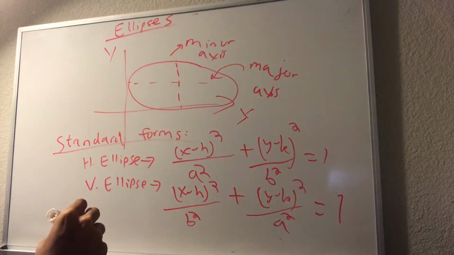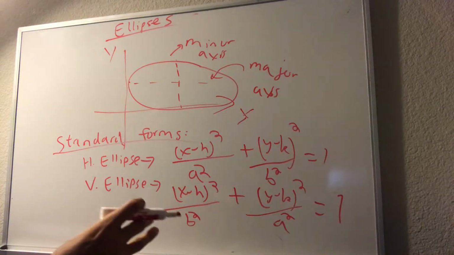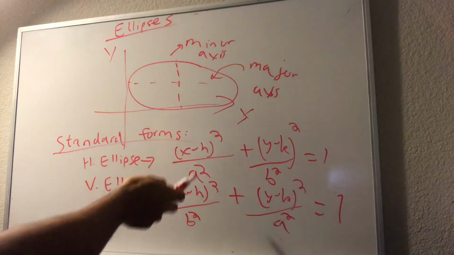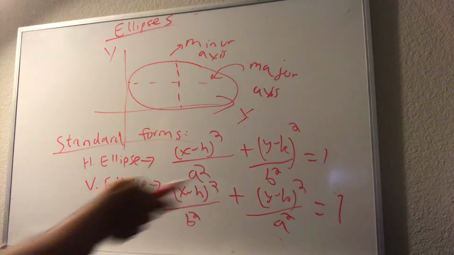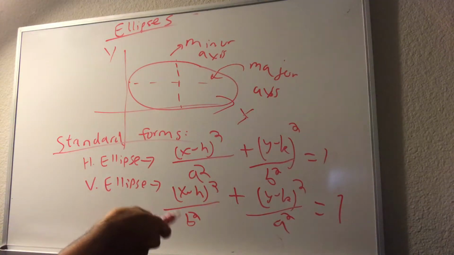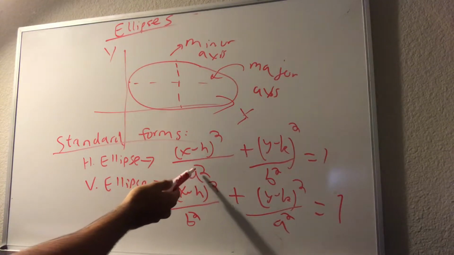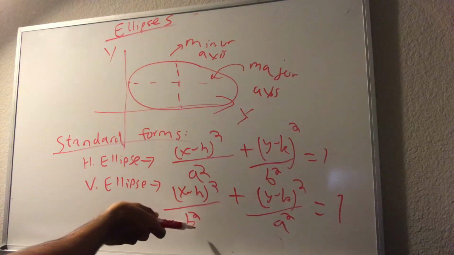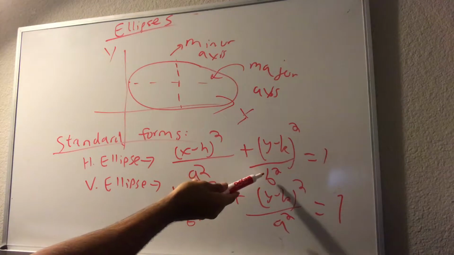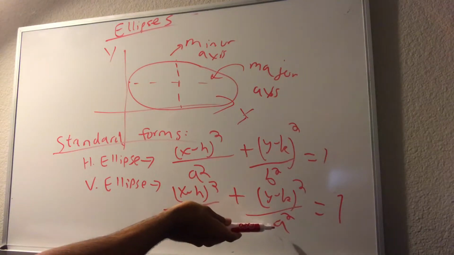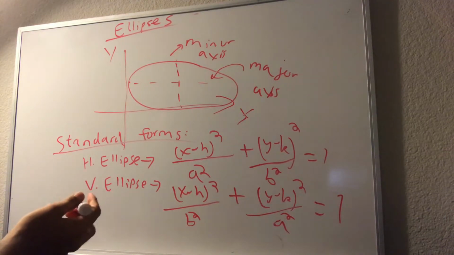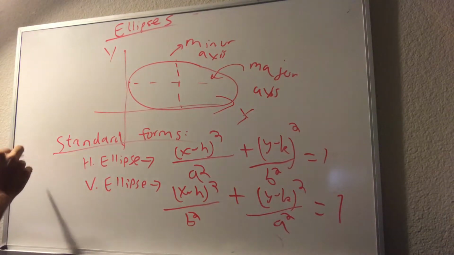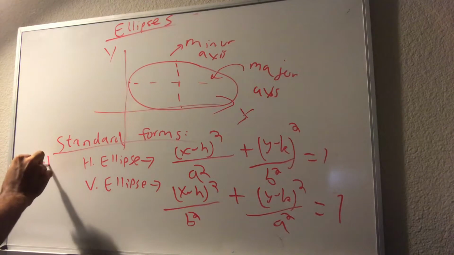Looking at these two equations, the expressions in the numerators are the same. What's changing is a squared and b squared, which switch places. You should always remember that for an ellipse, a is always greater than b.